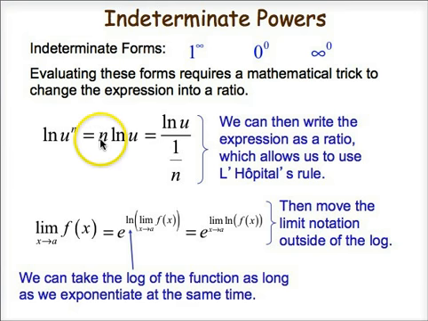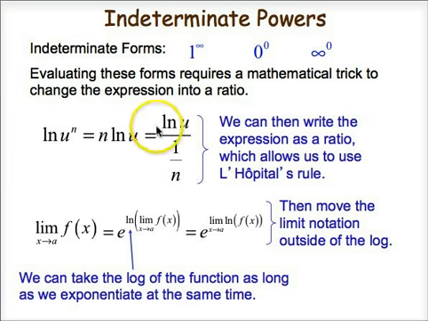Now, I need this to be in a fraction form. So instead of n times the natural log of u, I can write that as the natural log of u divided by 1 over n.